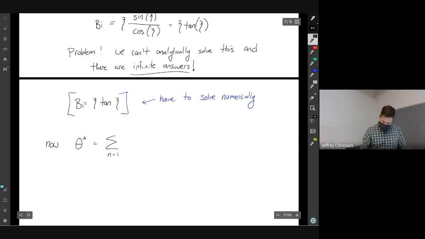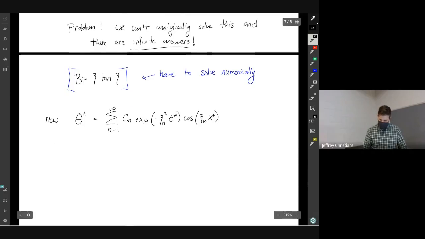So theta star is the sum from n equals 1 to infinity of Cn times the exponential of minus Cn squared t star cosine Cn x star, where Cn is what we call an eigenvalue.